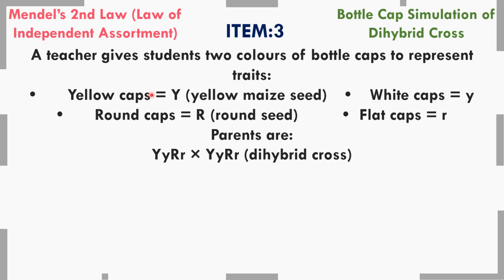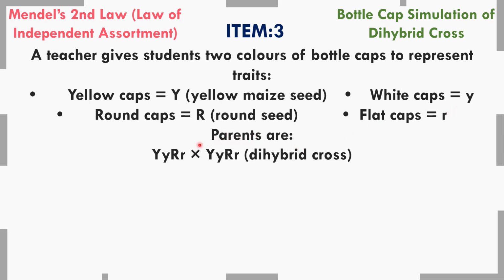Yellow caps, Y, yellow maize seed. White caps, small y, white maize seed. Round caps, R, round seeds. Flat caps, small r.